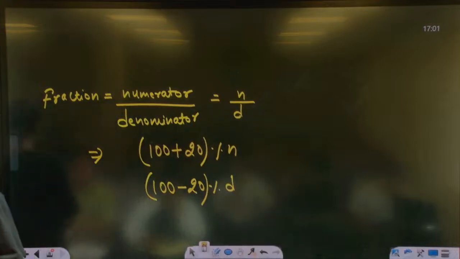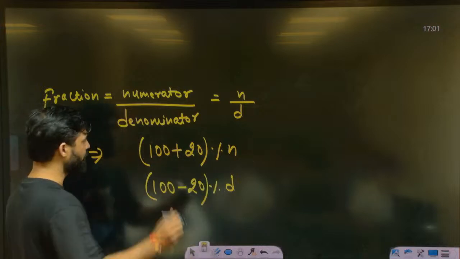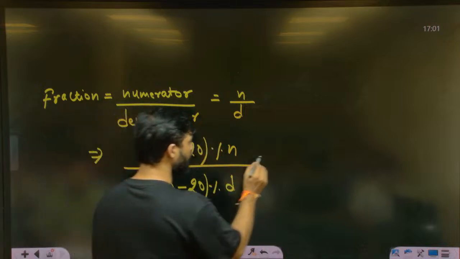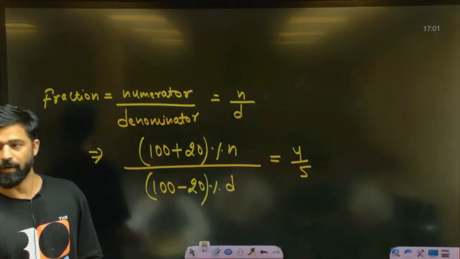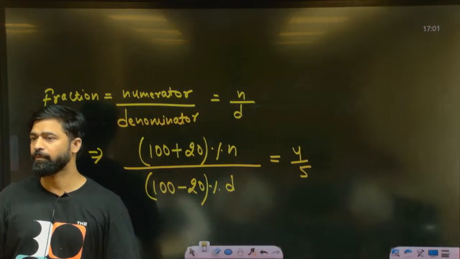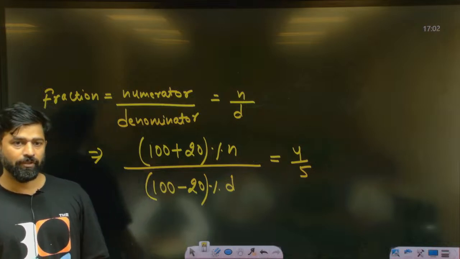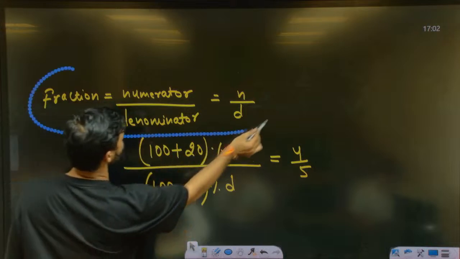Now there is a change in the fraction, and the fraction becomes 4 by 5. What is a fraction? A fraction is n by d. So after solving this, we will get the value of n by d. These are very simple questions.